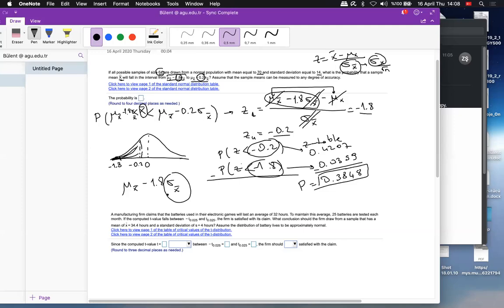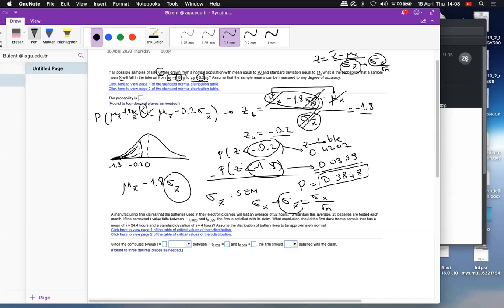So that's why I will not do anything here, because my formulation is X bar minus mu X divided by sigma X bar, and X bar is over here. There is no need for doing any calculations by dividing by n or something like that, okay? So sigma X bar is already the standard error of the mean. If sigma X is given, then if I need to find sigma X bar, I would say sigma X divided by root n, okay?